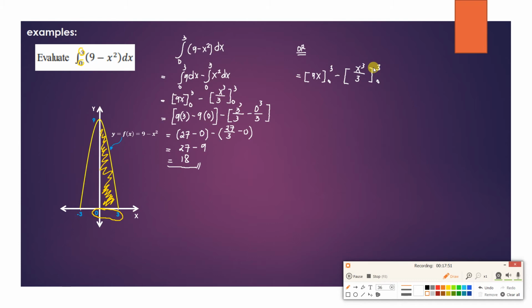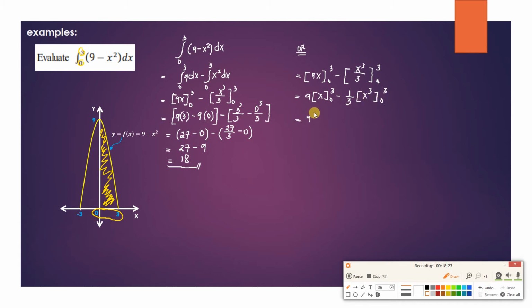Ang pinapalitan lang naman natin ng limits, yung what? Yung variable. So, pwedeng ilabas na natin yung constant para hindi makagulo. Okay, so yung variable x na lang yung papalitan. Second term, may constant din na 1/3. Pwede ko rin ilabas. Yung variable x na lang ang papalitan. Ayan. Tingnan natin kung the same answer din yung mangyayari.